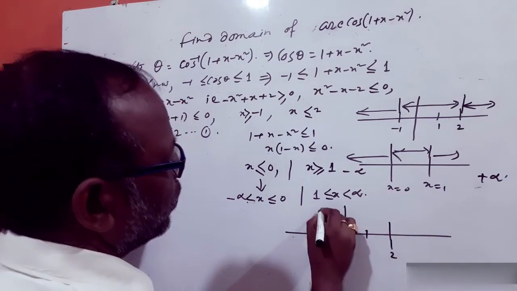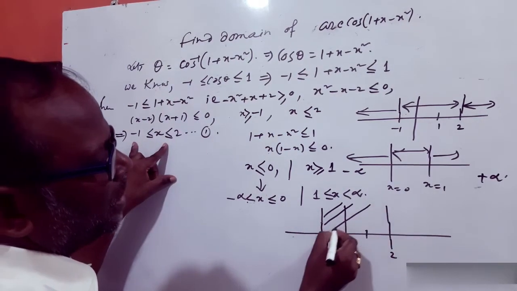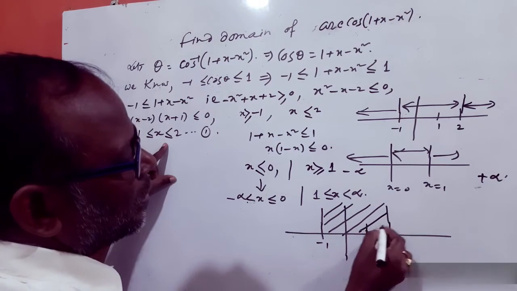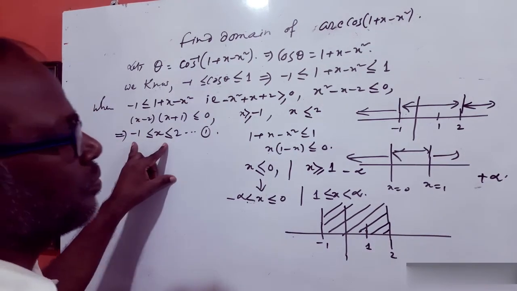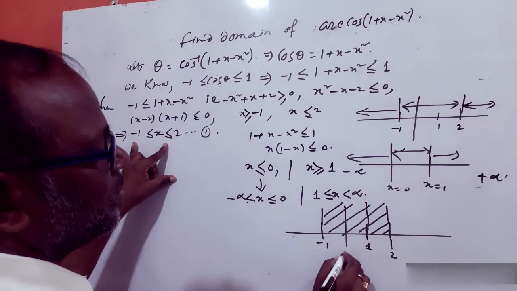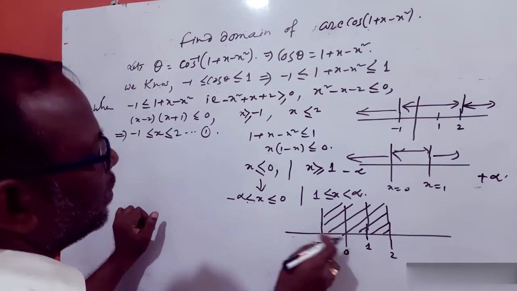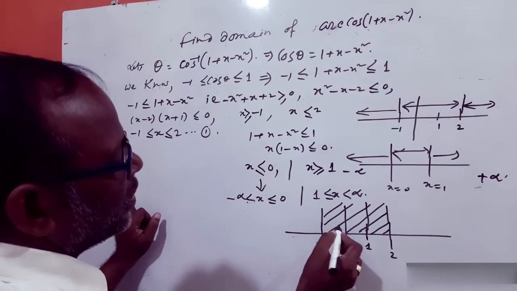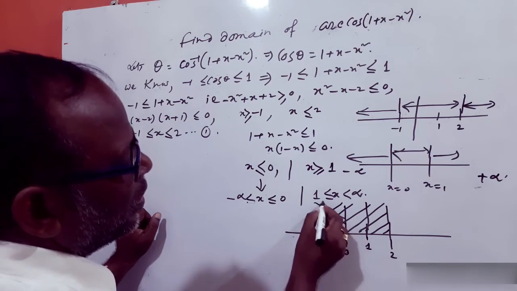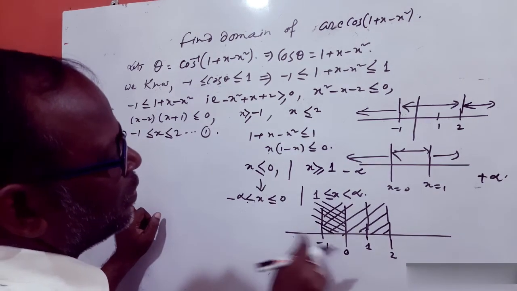This is 1 and this is 0. After that -1 to 0, this is the region. So the common region here is -1 to 0.